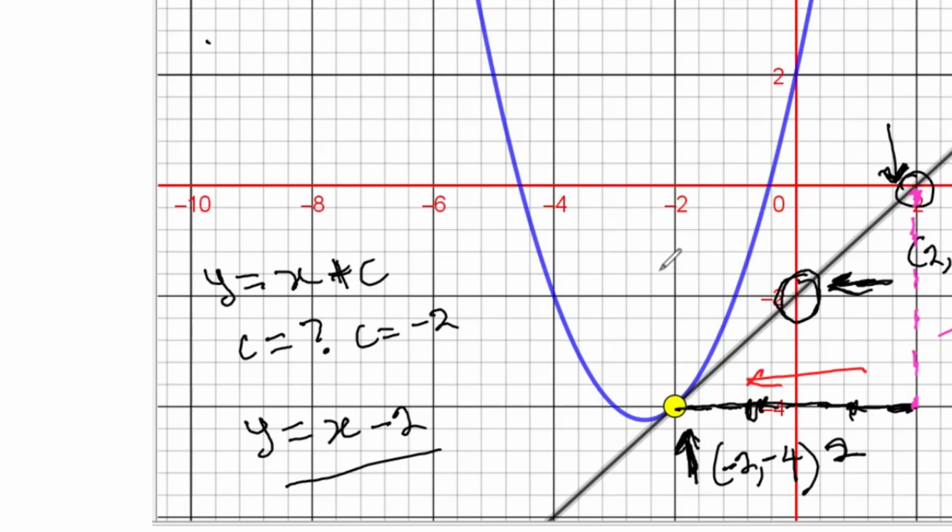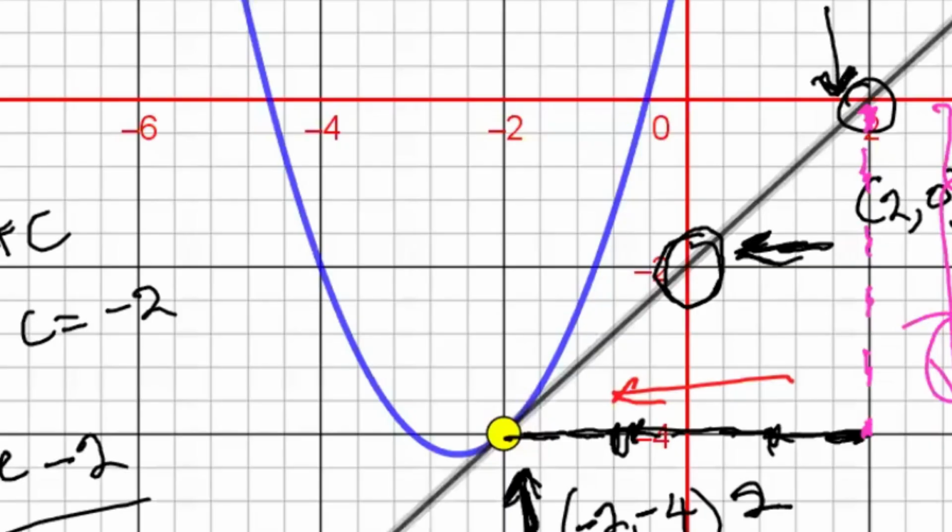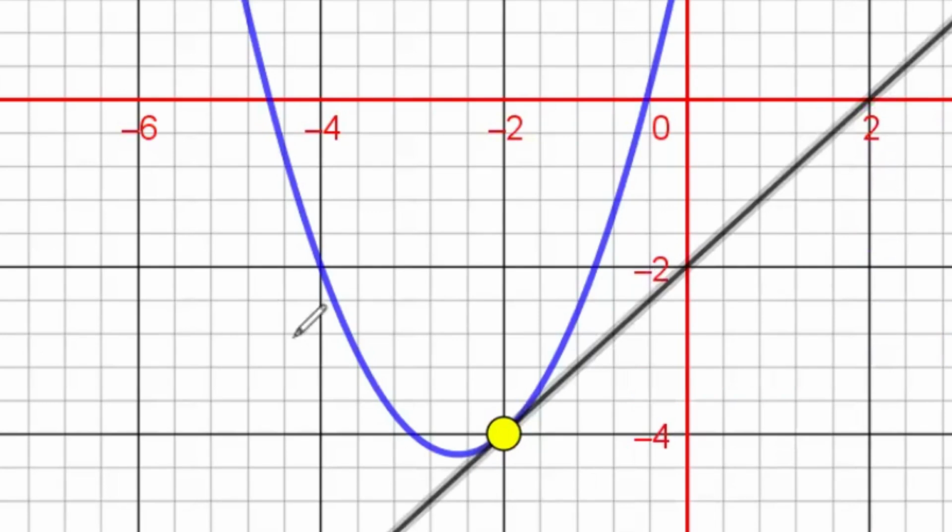There is also another way of getting the equation of this tangent. Let's look at the second method. Here, we have a point given. If we like, we can just pick 2 points on this line.